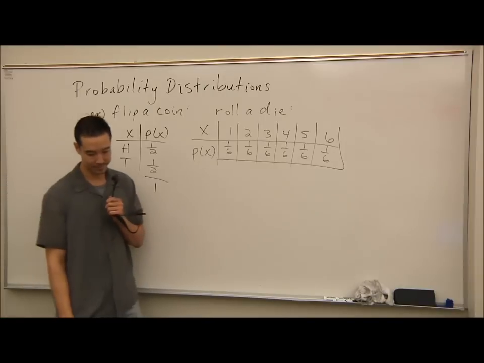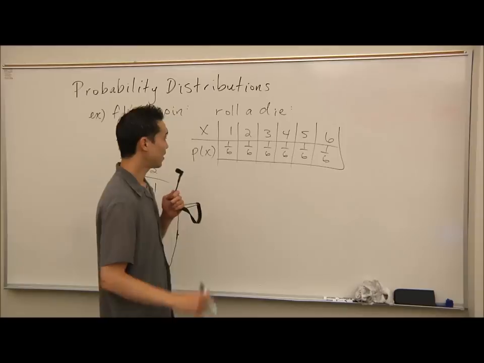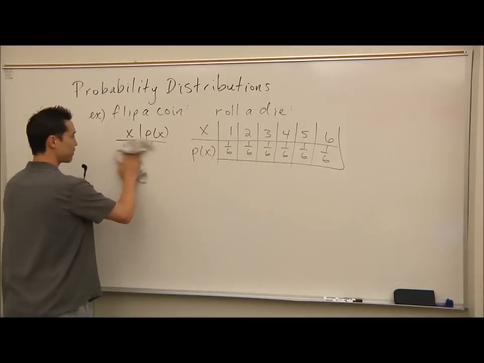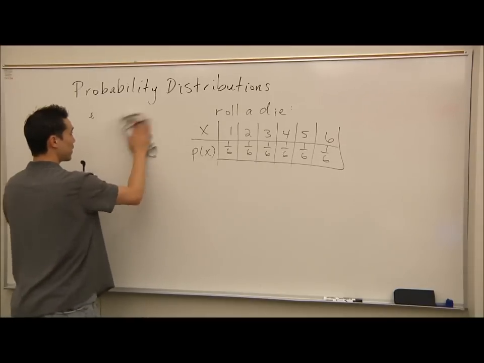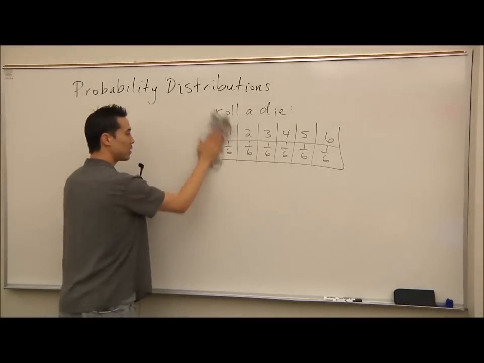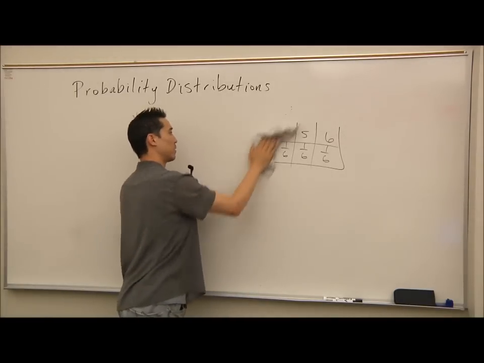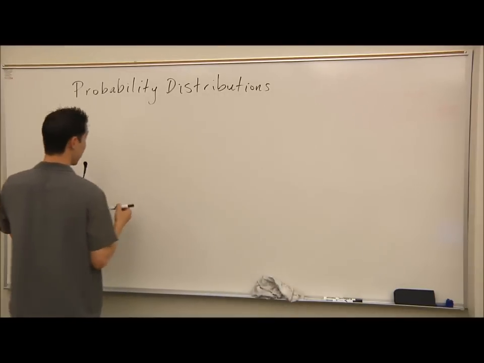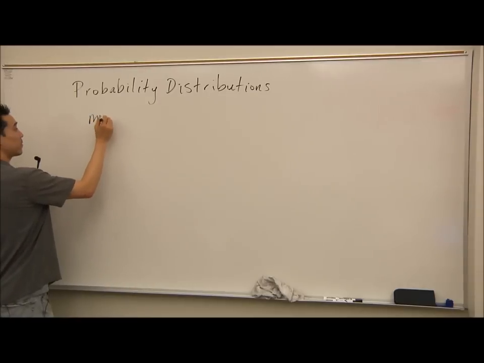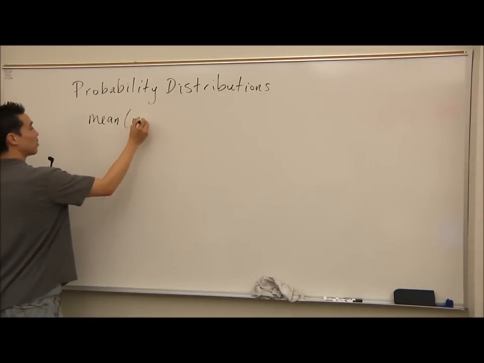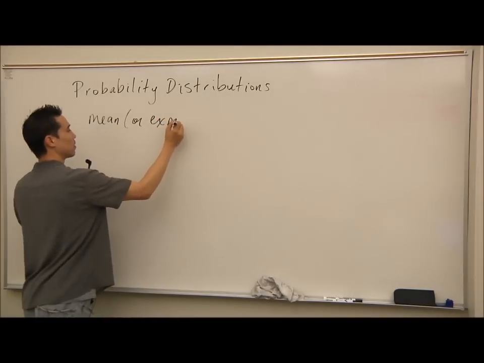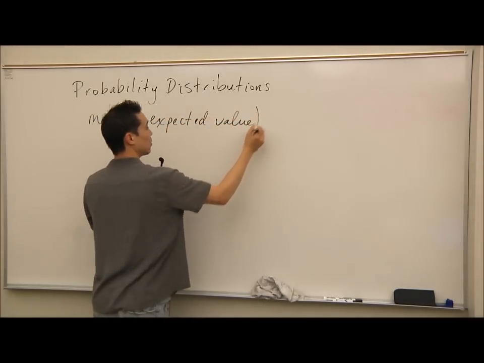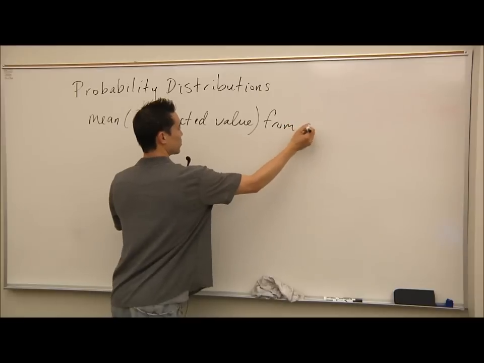Okay? All right. The first formula we have is finding what we call the mean or the expected value from our probability distribution. Okay? So it could be asked either way. They could say, hey, what's the mean or expected value from a probability distribution?